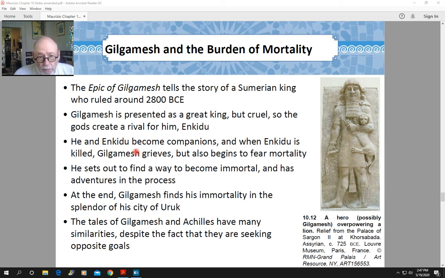Great king, but he's cruel. He basically does what he wants, and he doesn't really care who he hurts. So the gods create a rival for him, Enkidu. And Enkidu is a natural man. He hangs out with the animals until he meets the temple prostitute of the temple.